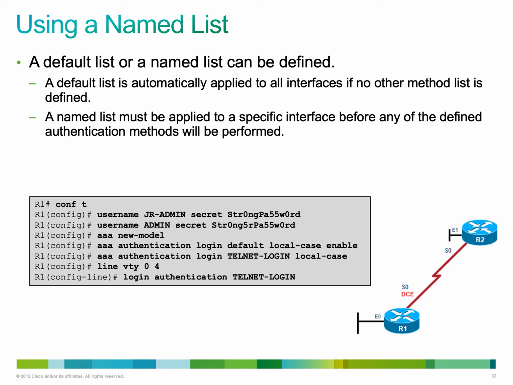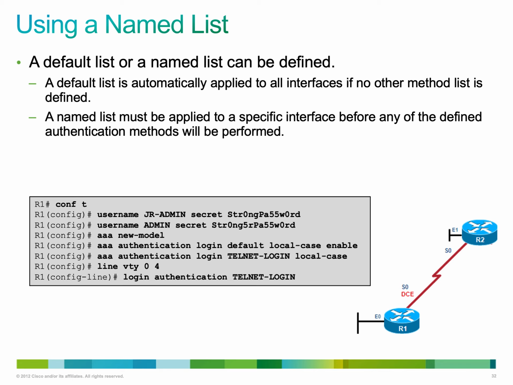Is it the VTY? Is it the auxiliary? Is it the console? You must define the specific interface that you want before any of the defined authentication methods will be performed. So you have to name the interfaces that you want, define them before you can do anything.